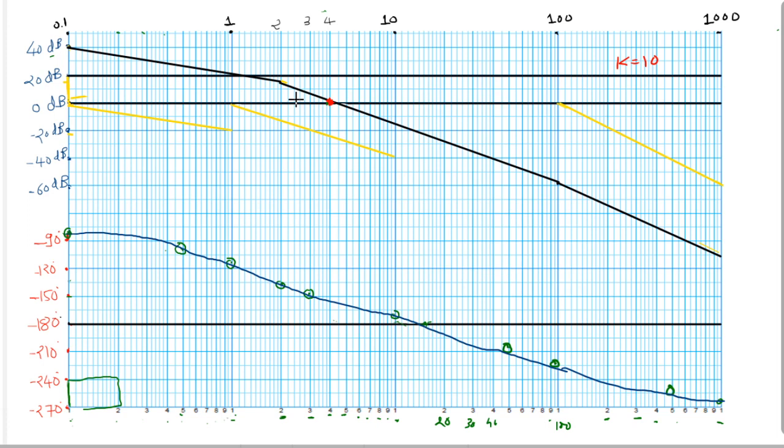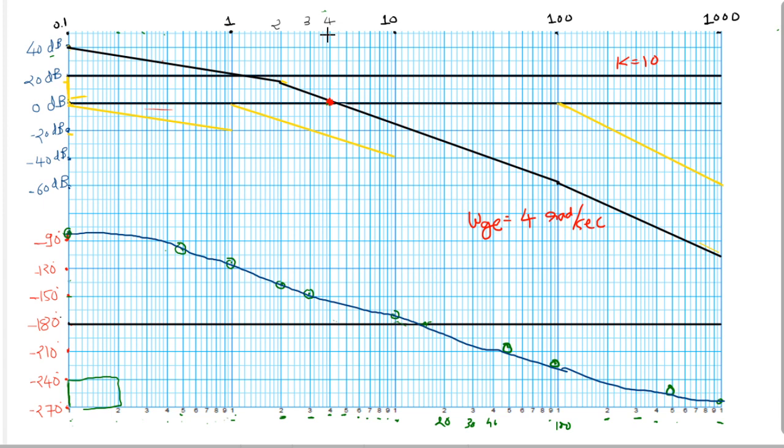So the first answer is omega gc, gain crossover frequency, that is 4 radian per second. Why? Because this slope crosses the 0 decibel reference line here.